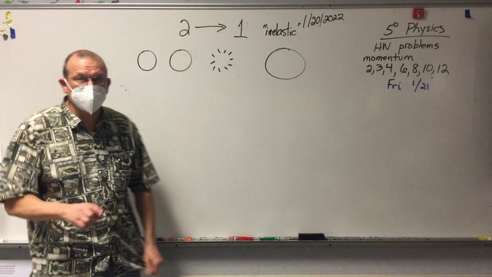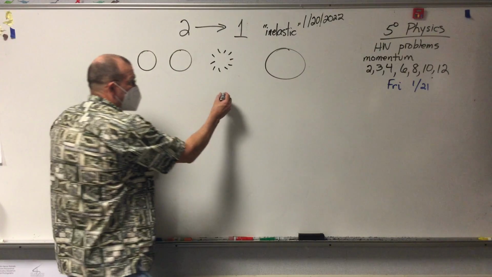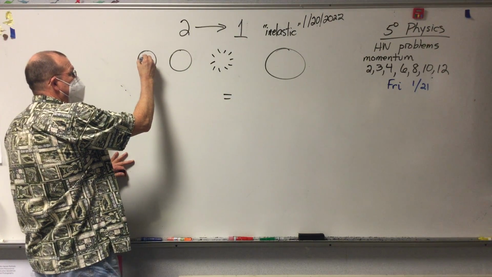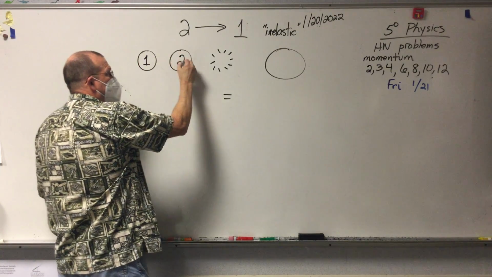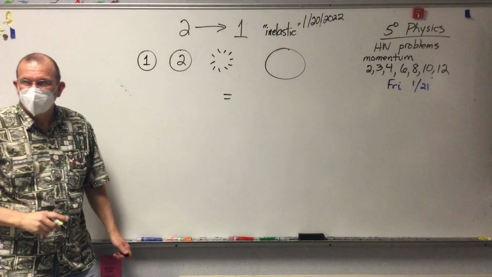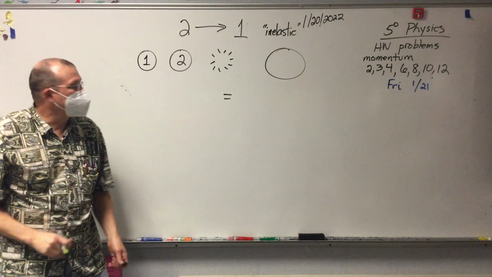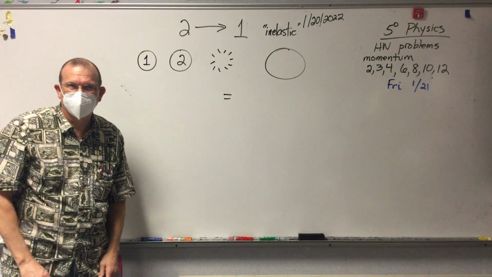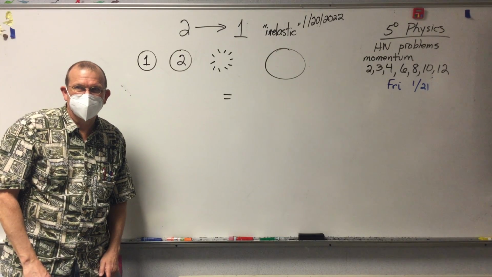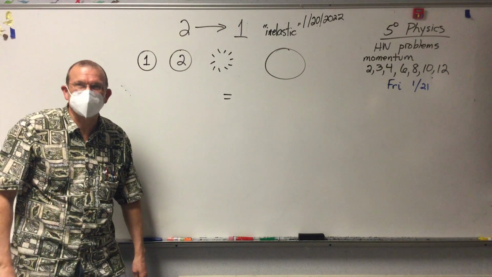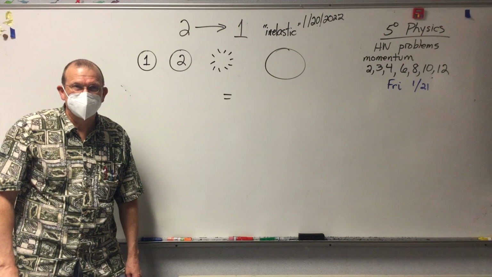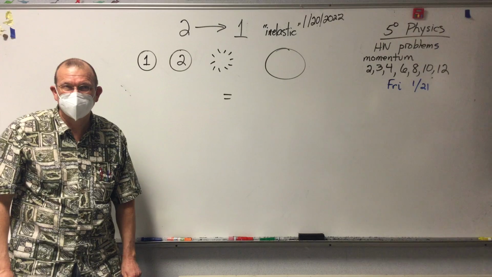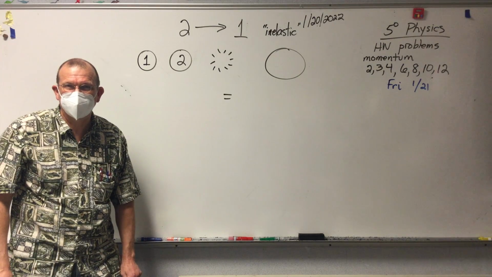Okay, we got time to knock this one out. Here's my equal sign. I'm gonna call this 1 and 2. Now think, make a connection. What's the left side of my equation gonna look like? And if you make this connection, it's super easy. Anybody know what I'm referring to?